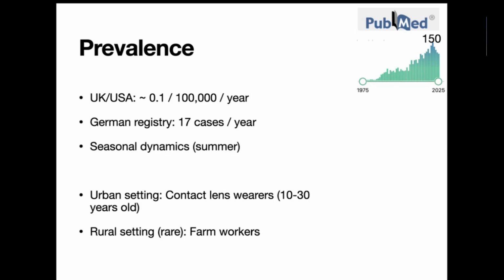So in the developed countries, we have a strong association with contact lens wear, and this is going along with a year of presentation that's more in the first half of life. And there's a smaller cluster that is more in the less developed countries, such as, for example, India, where we have farmers that also have this kind of corneal disease.